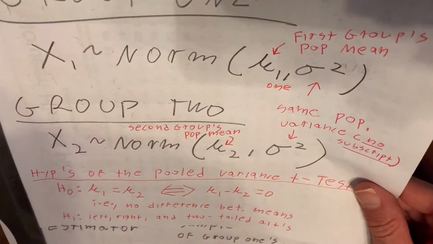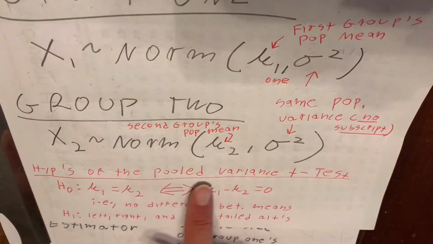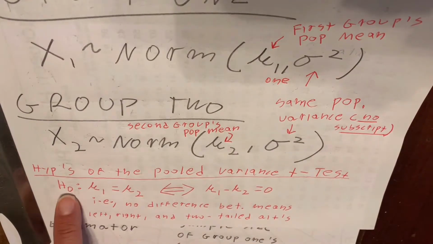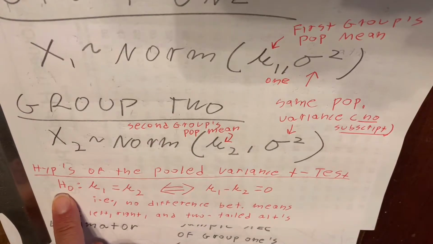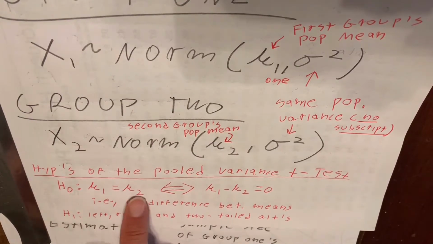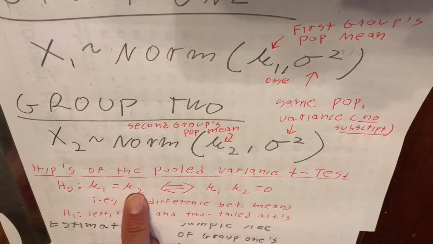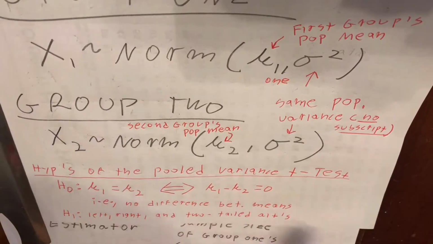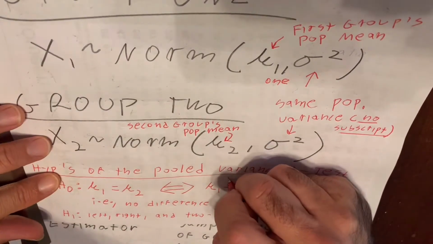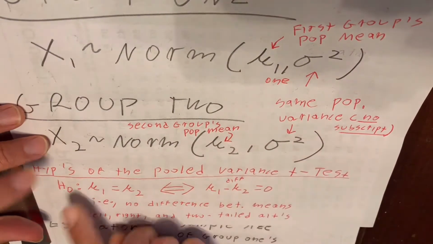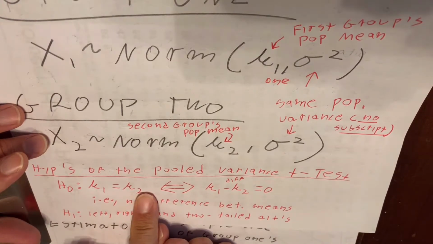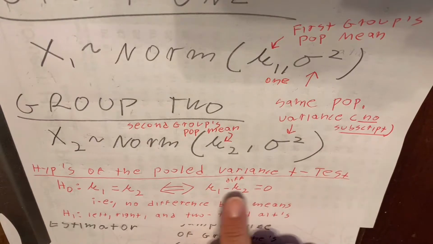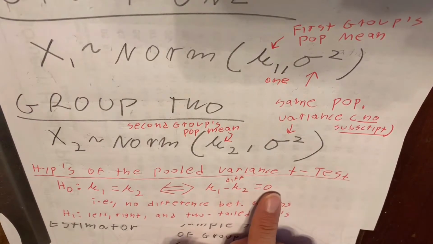Now, the pooled variance is used when we have the pooled variance t-test, which typically tests the null hypothesis that both population means are equal, which is the same thing as saying there's no difference. Remember, subtraction is difference. So saying the two population means are equal is the same thing as saying there's no difference between the two population means. That is, the difference equals 0.